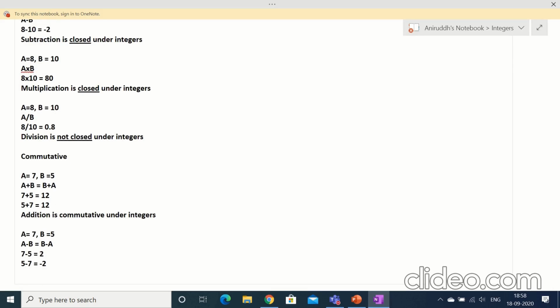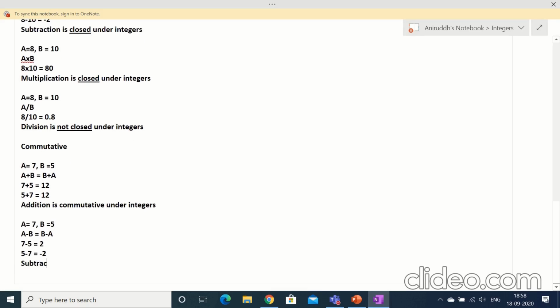So we got different integers. So we say that subtraction is not commutative under integers. So addition is commutative, subtraction is not commutative.